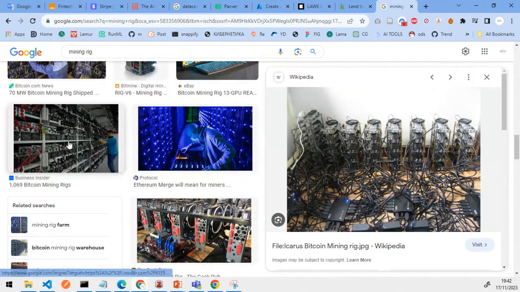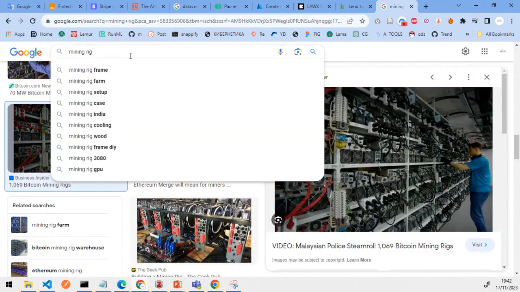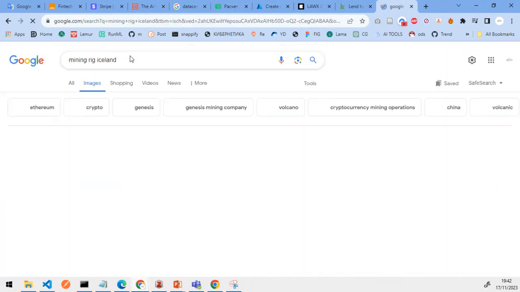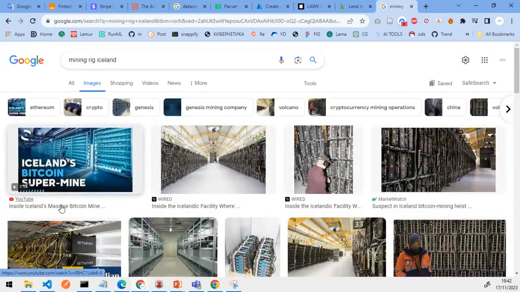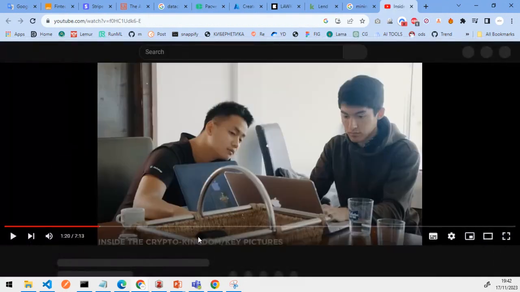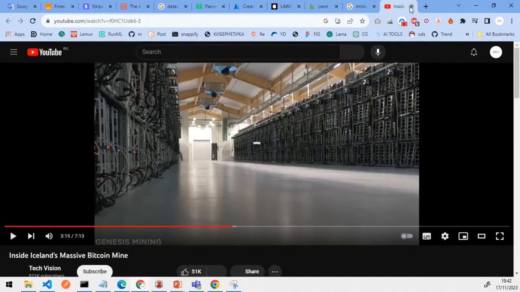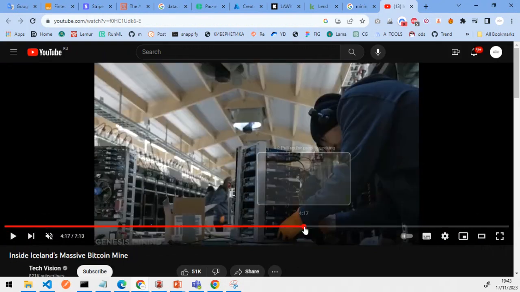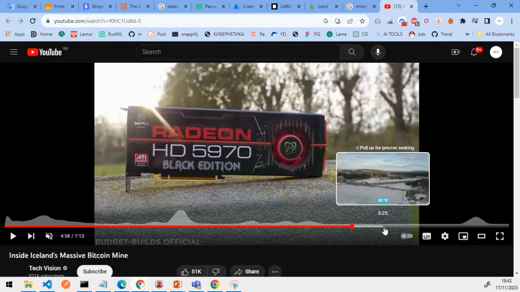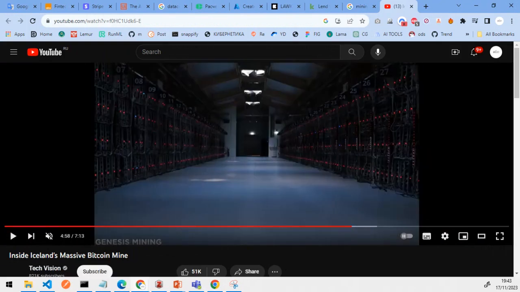There are different mining rigs around the world. There's an interesting one in Iceland, because it has a lot of cold weather, so they're able to run the mining rigs there. All these mining rigs control the blockchain transactions.